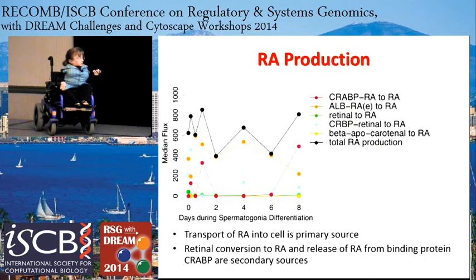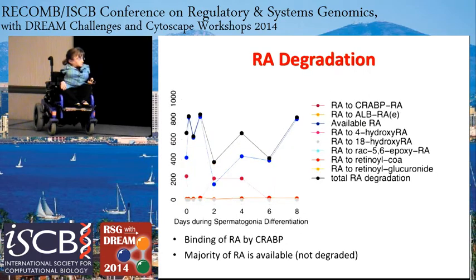We were able to conclude from this graph that transport of RA from the extracellular space into the cell was the primary source of RA at most of the time points, but secondary RA sources included retinol-aldehyde conversion to RA at 4 hours, and then release from the binding protein CRABP at 8 days.